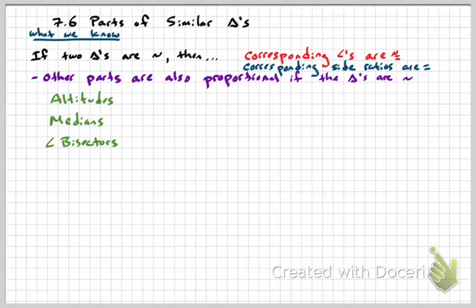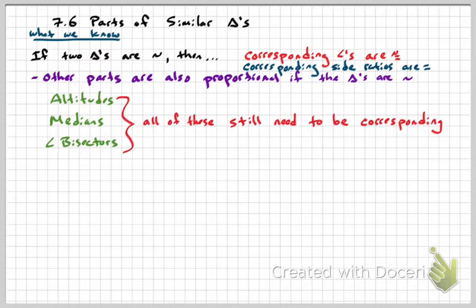A median connects the midpoint of a side to the opposite vertex. An angle bisector bisects an angle. They need to be corresponding, in the same relative position when you compare the two figures, and we can still make ratios if these are drawn in.